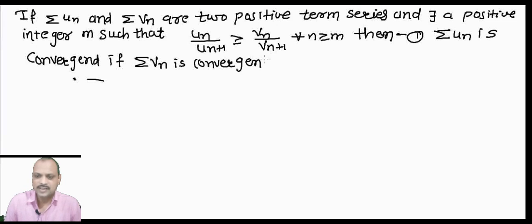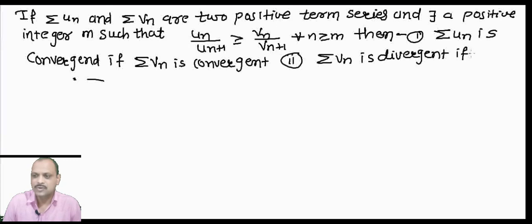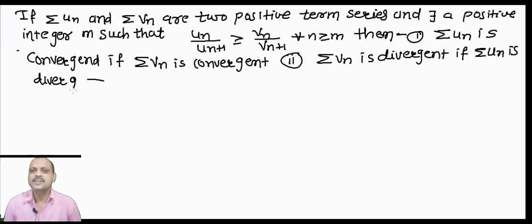And the second condition: if summation vn is divergent, then summation un is divergent. So this is the statement of the comparison test of the second kind.